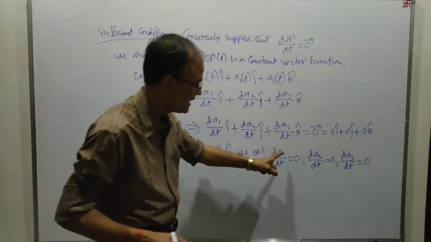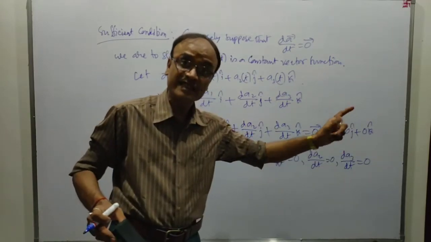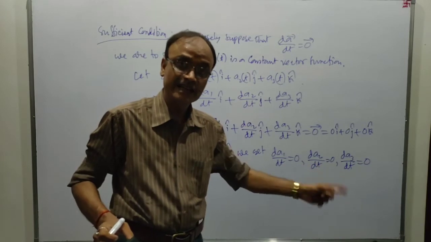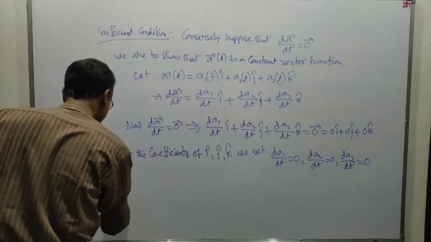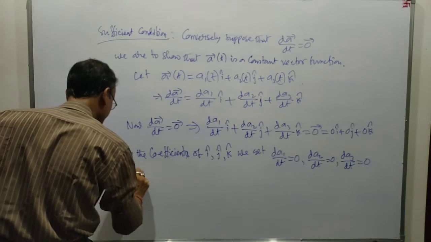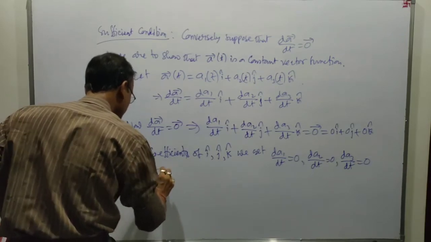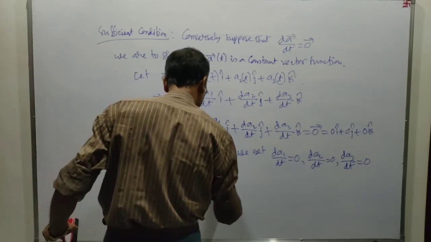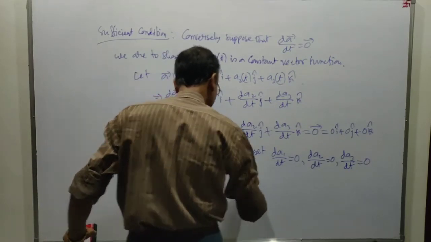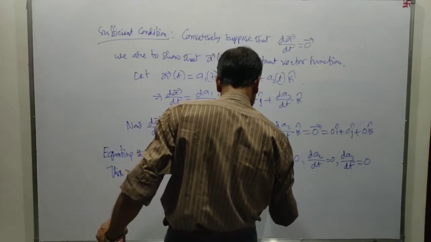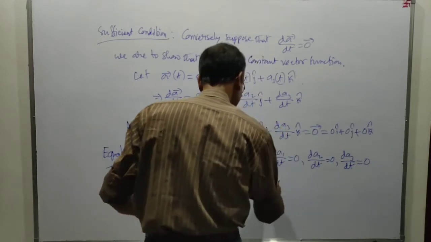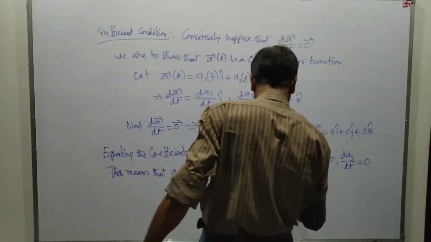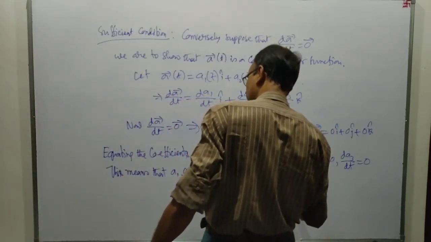This means A1, A2, A3 are constant scalars. This means A1, A2, A3 are independent of the scalar variable t.